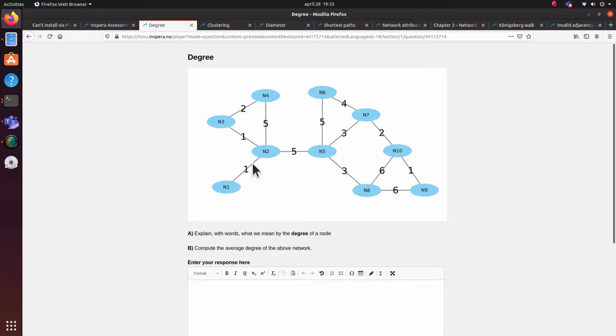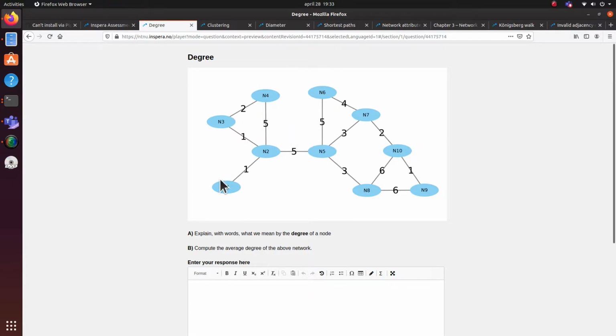And that means that the average degree is simply the sum of the degrees divided by the number of nodes. And since the sum of the degrees is 2 times the number of edges, we can just count all these edges, double that, and divide by the number of nodes.